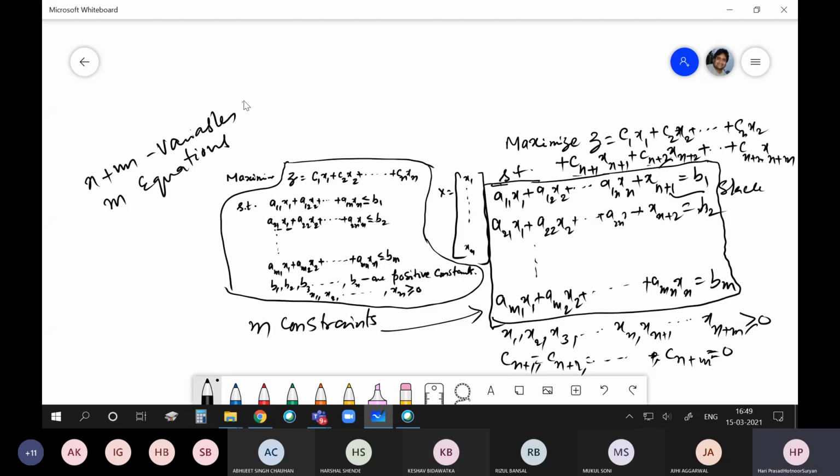So if I have to have a unique solution, how many of the n plus m variables should be 0? n variables should be 0.